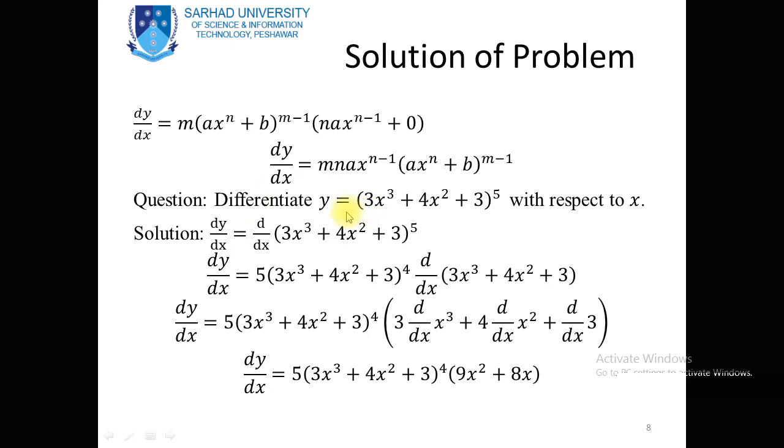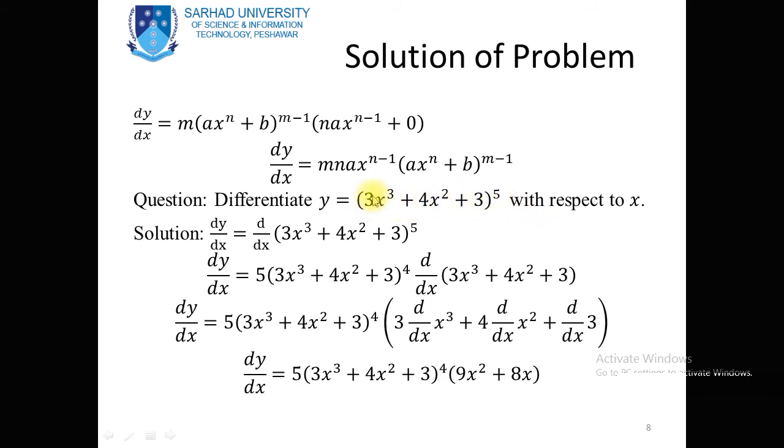Suppose in this problem, y is equal to 3x cube plus 4x square plus 3, whole power 5. Here m represents 5, x has power 3, x has power 2, and the whole power is 5. So in this expression there are two double powers of x.